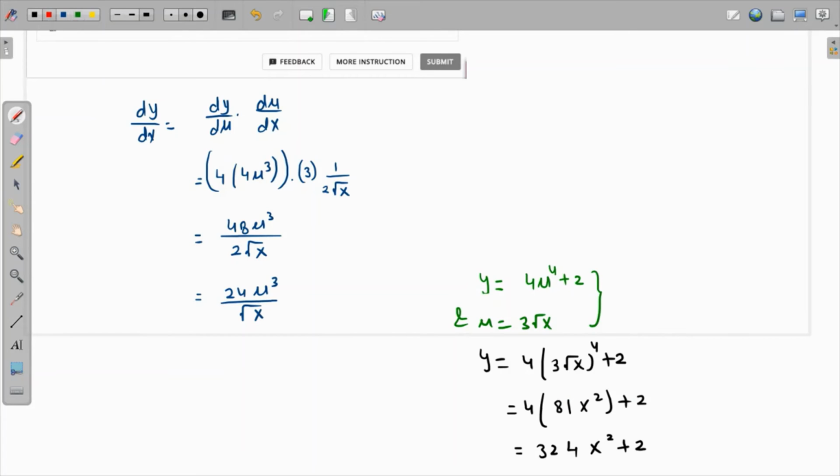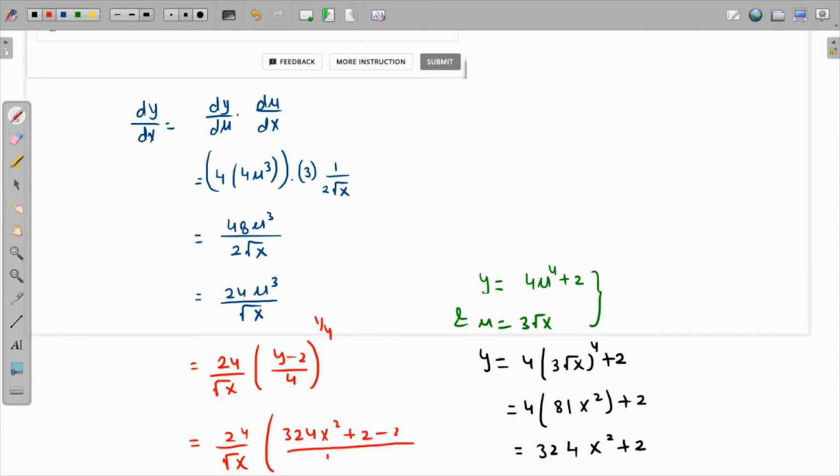So first we write u in terms of y: 24 over root x, and u in terms of y will be (y minus 2 over 4) raised to 1 over 4, which we wrote earlier. And now we replace this y in terms of x, so that's going to be (324x square plus 2 minus 2 over 4) raised to 1 over 4.